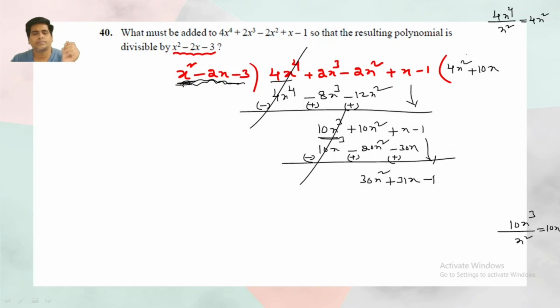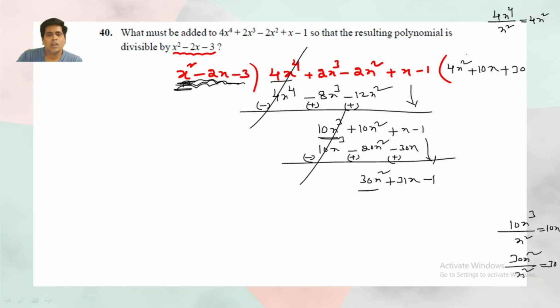So what is the order of this remainder? I'm getting a second order expression, and here also we have second order. Further we can divide it. So first term of the dividend by first term of the divisor. 30x square divided with x square, you will get simply 30. So this 30 I'm using here.